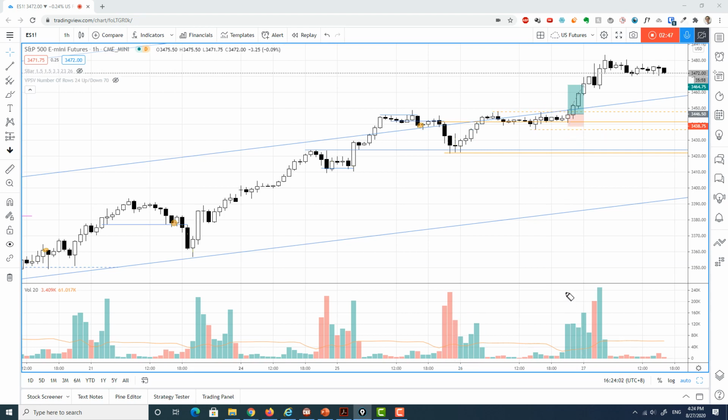At the US opening, at about 9:30 p.m. my time, we see a very shallow reaction, which eventually created this demand tail, followed by a very strong rally up, and it eventually closed at a high. Look at this last hour bar, which created this bullish bar.